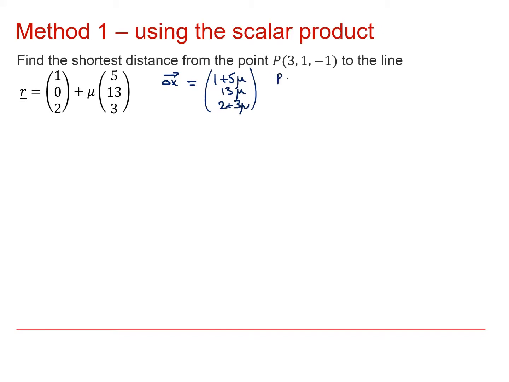PX, so the line joining P to this general point, will simply be this vector OX, (1 plus 5 mu, 13 mu, 2 plus 3 mu), minus P, (3, 1, minus 1). And if I take those away, I'll get (minus 2 plus 5 mu, minus 1 plus 13 mu, 3 plus 3 mu).